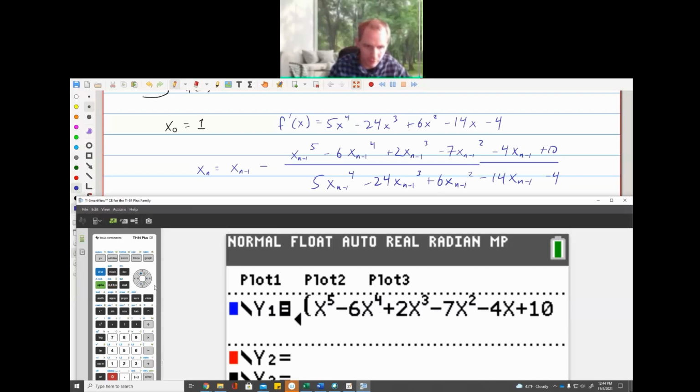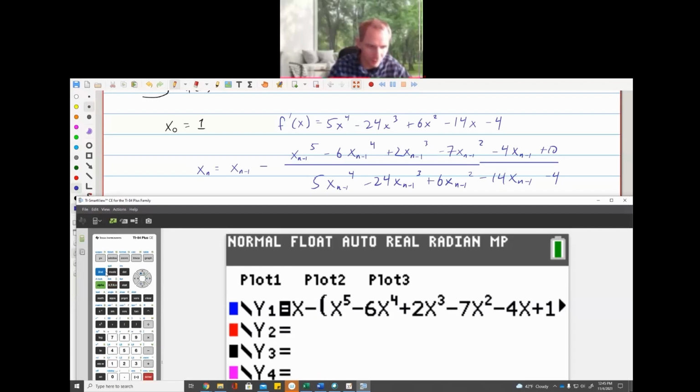That was our numerator. And then divided by, and then in the denominator, we have 5x to the 4th minus 24x cubed plus 6x squared minus 14x minus 4.